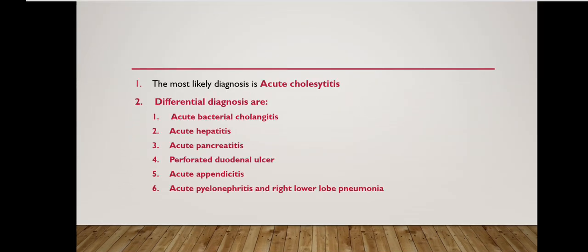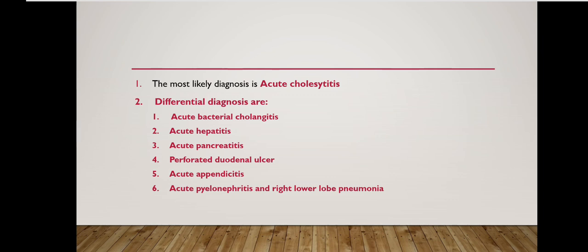So, the most likely diagnosis of the right upper quadrant pain, which is radiating towards the back of the scapula, is acute cholecystitis. Why not acute hepatitis? It can be acute hepatitis, but in acute hepatitis, in the LFTs, the enzyme ALT will be raised.